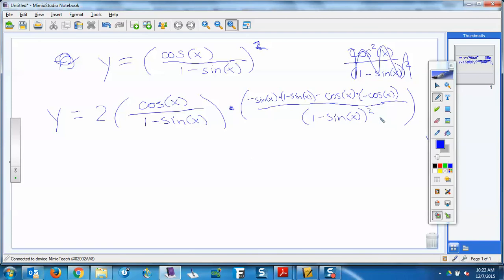Right? So, I see some things that could happen up here that might be good. So I'm going to distribute that. So that'd be negative sine plus sine squared. Right? And then here, it is going to turn into plus.